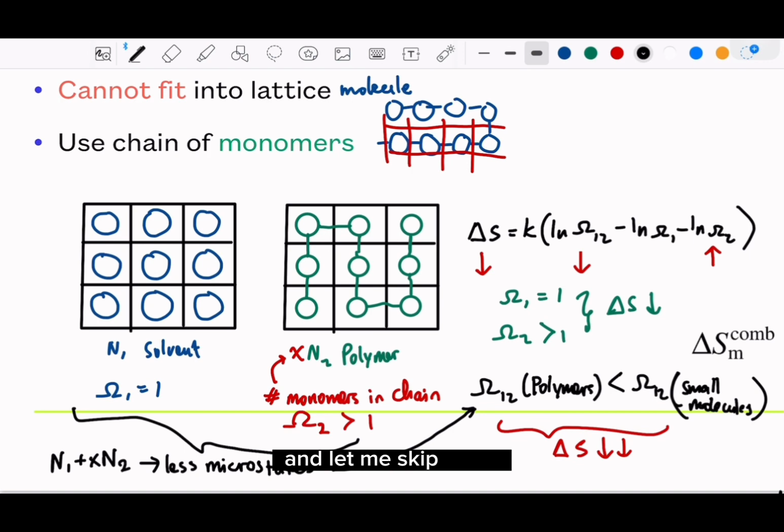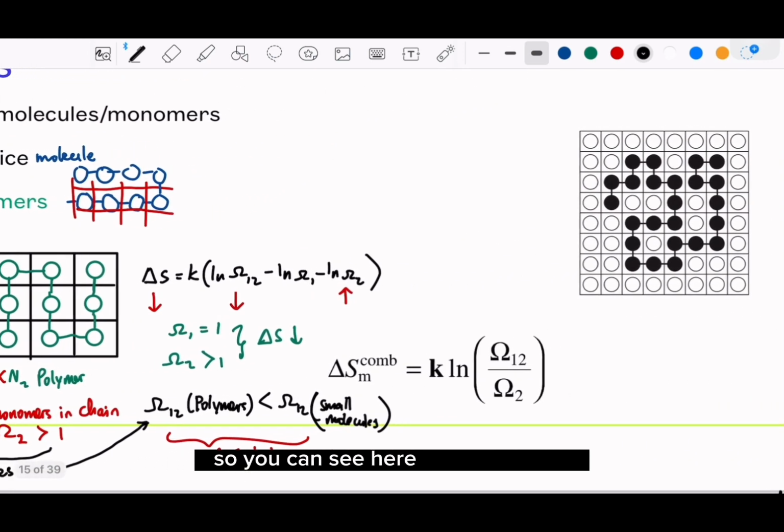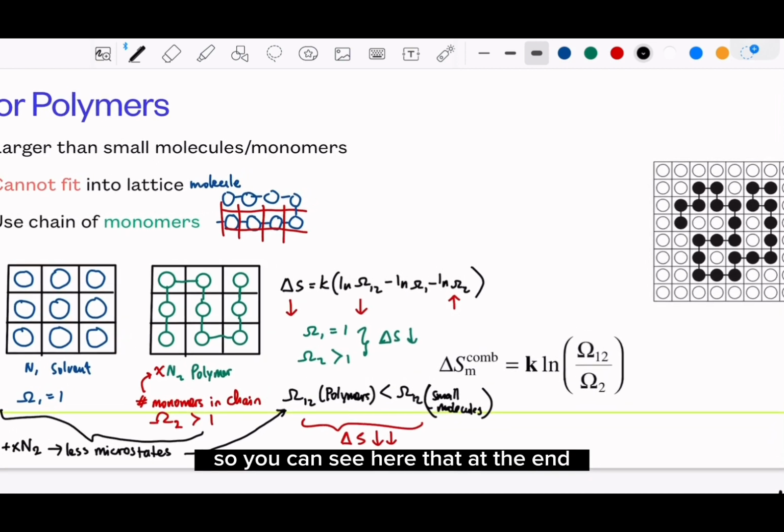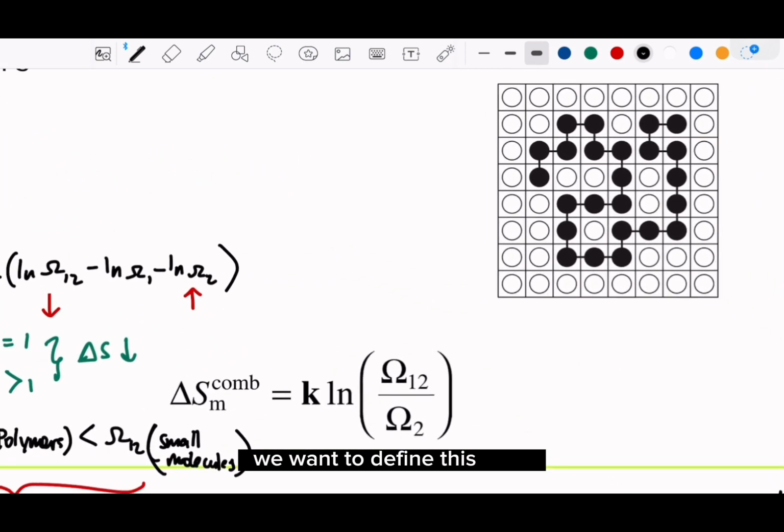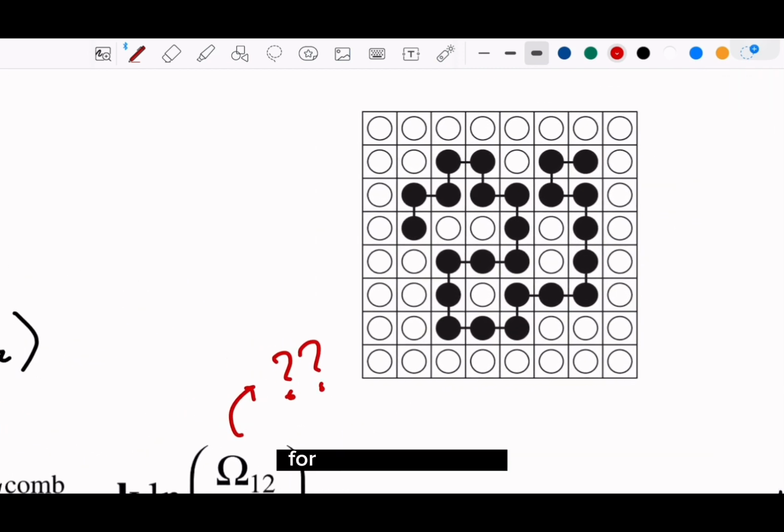And let me skip some notes and process. So you can see here that at the end we want to define this. For example, this is the chain of polymer, and it is surrounded by the material one or the solvent.